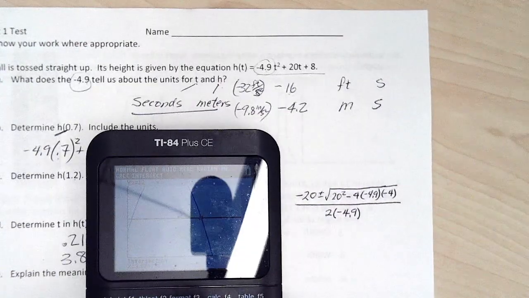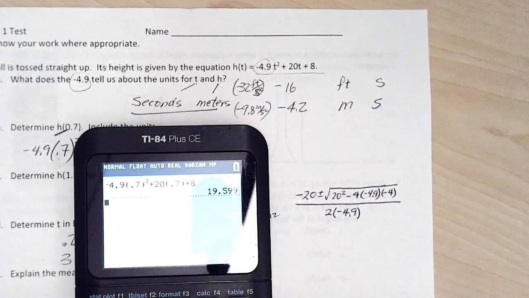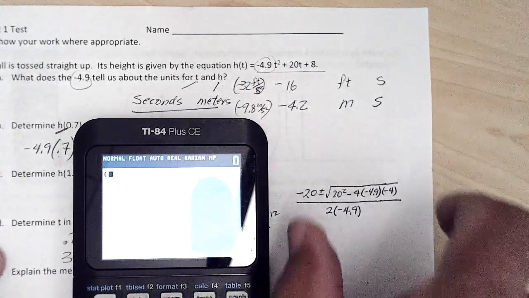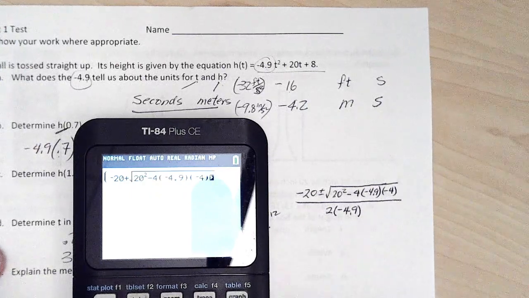All right. Now to type that in on a calculator, there's a lot there, and you got to be kind of careful. So I'm going to type in parenthesis, because I need to hold my numerator together, negative 20 plus square root 20 squared, subtract 4 times negative 4.9 times negative 4, and I'm using the negative, not the subtract.